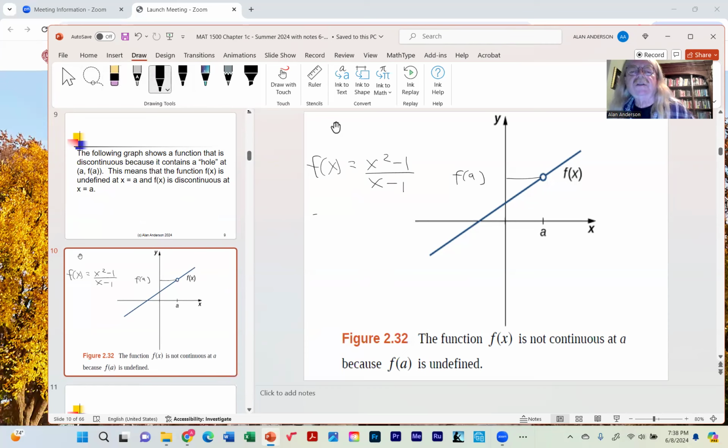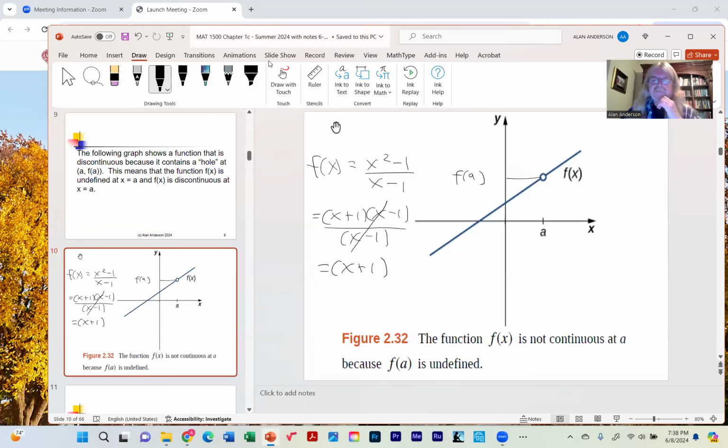Now, of course, as it turns out, we can factor this, and we're left with x plus 1. Okay, but the bottom line is, if we try to substitute 1 into this function, we're going to have division by 0. So therefore, the function is discontinuous. Although we saw it does have a limit, whatever f of a is here, this is our limit, but the function itself is discontinuous.